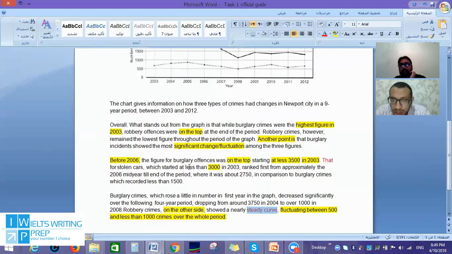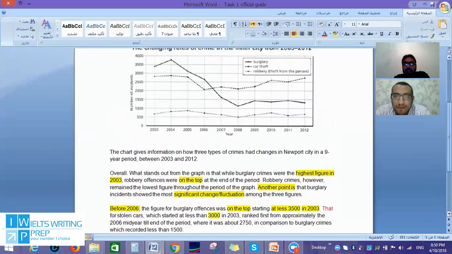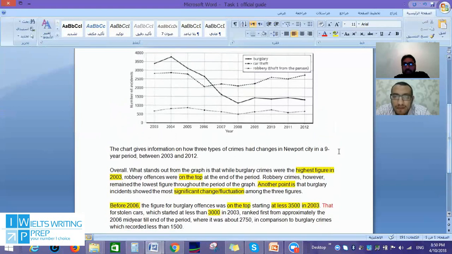So here you talked about the highest. I think it would probably have been better to say the highest and then compare it with the lowest, so we have highest and lowest in the same body paragraph. Then we choose the most dramatic change and the least dramatic change. I would even miss out this one here because it's not the most dramatic and not the least dramatic.